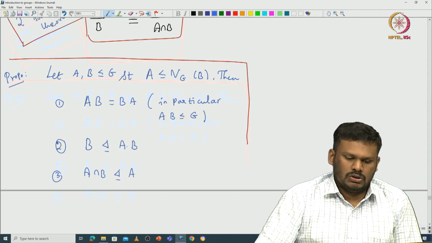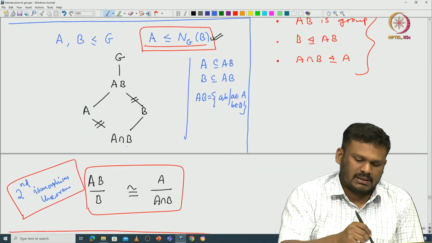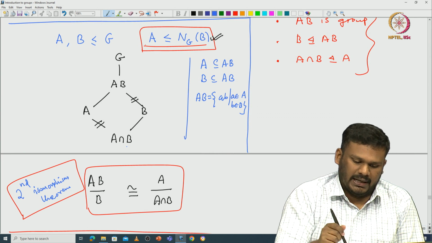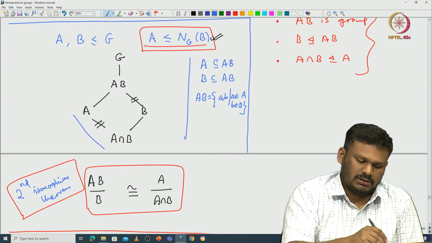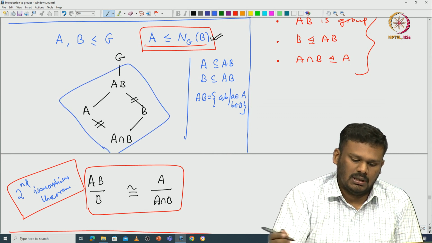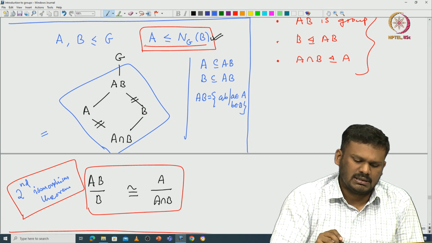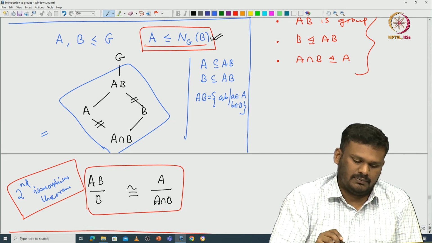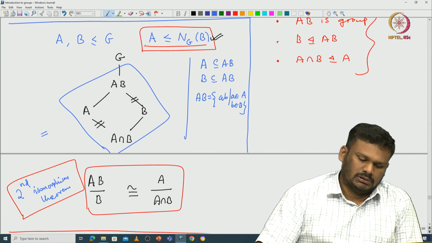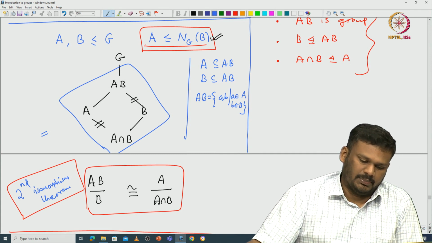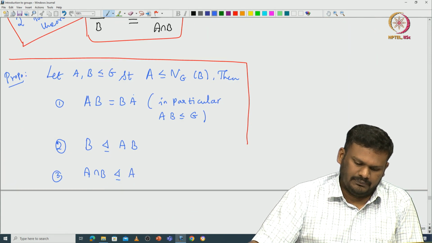To remember this statement, remember this diamond diagram. This looks like a diamond, and the double lines indicate which one is normal in which. It is just a pictorial interpretation to remember this statement.